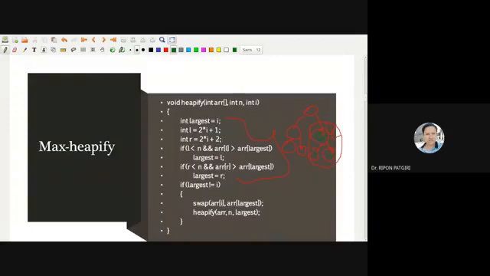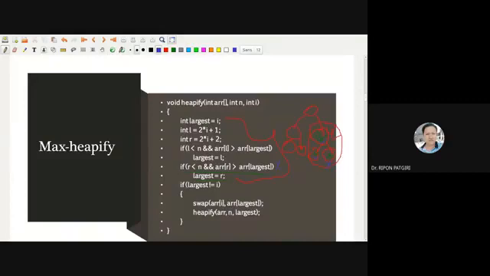This condition will be true because this is the largest, or this condition will be false when these two are larger than this one.